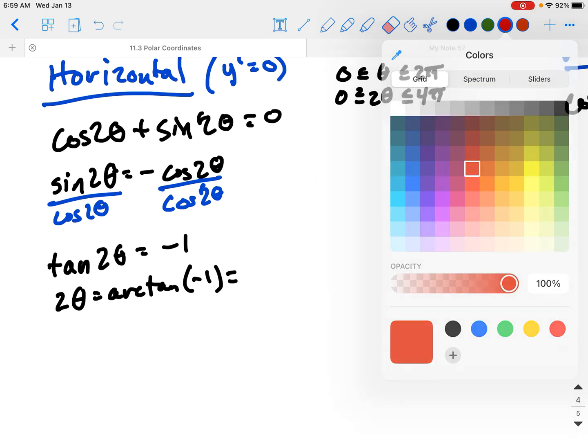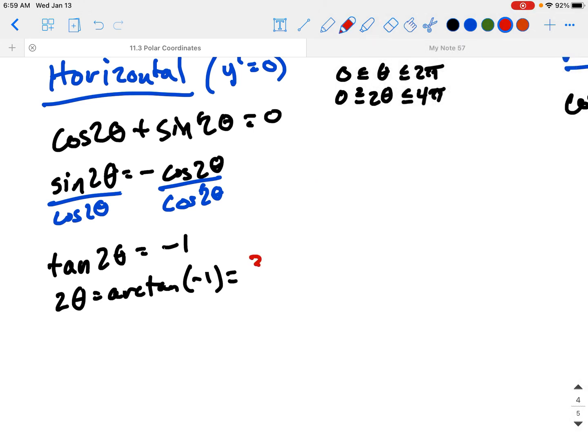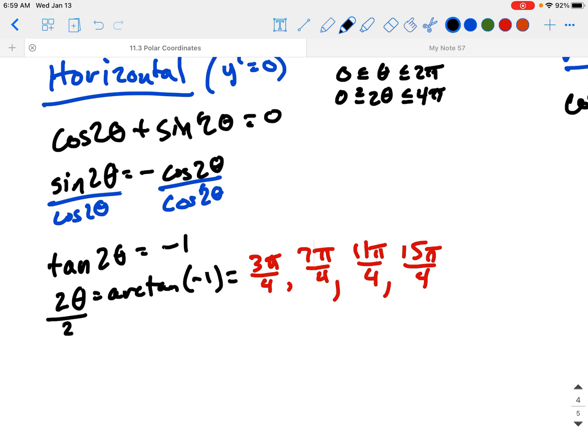So that will be 3 pi over 4, 7 pi over 4. And then if we add 360, so 8 pi over 4 to each one of those, we'll get 11 pi over 4 and 15 pi over 4. And then we'll divide by 2. So we'll divide all those by 2.